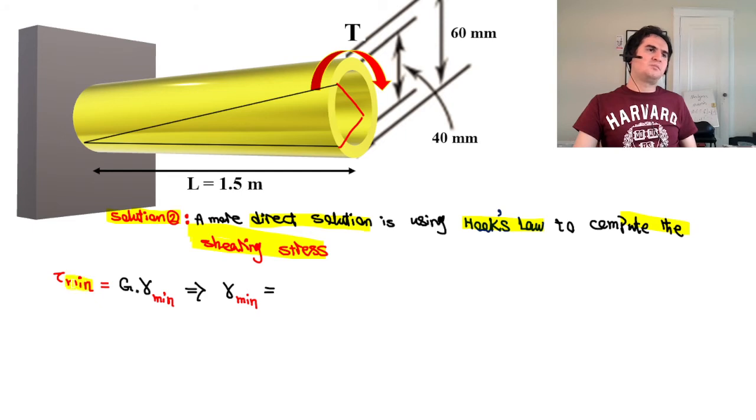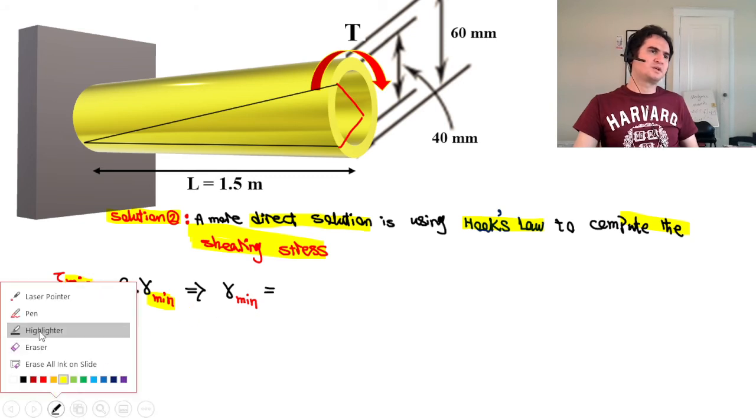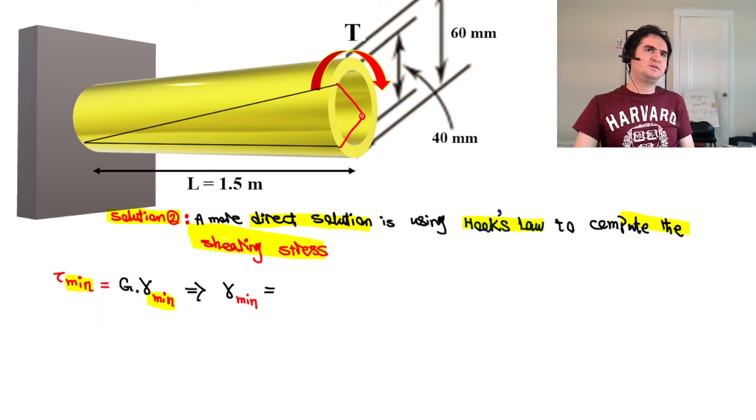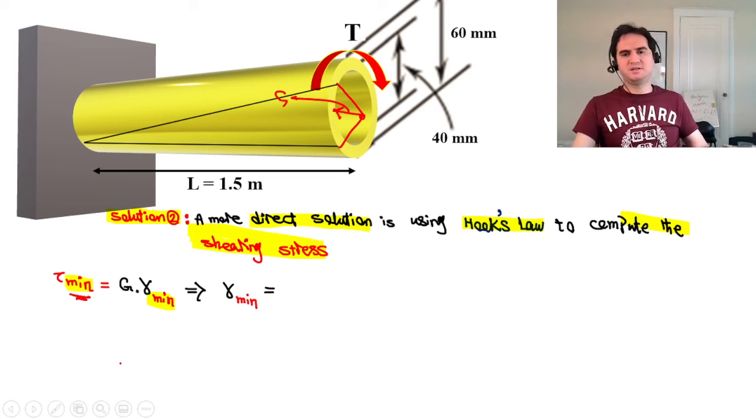So you can have tau min, tau average, tau max. Because we are working on the inner surface, with the inner radius, that's C1. It goes by minimum with the same fact: the closer to the center, the less shear experienced. So that goes by tau minimum.